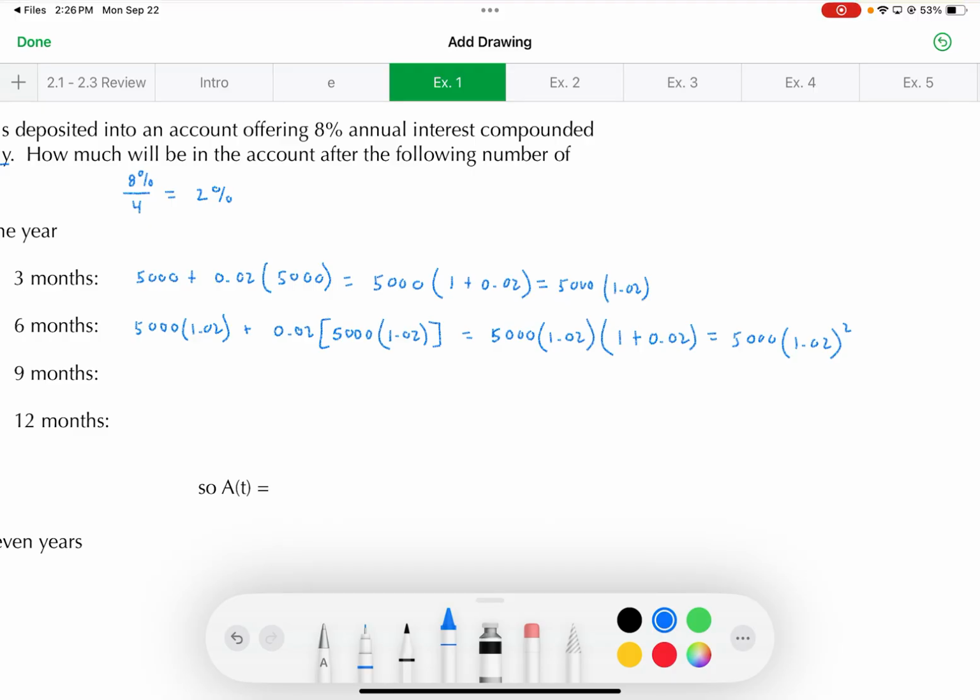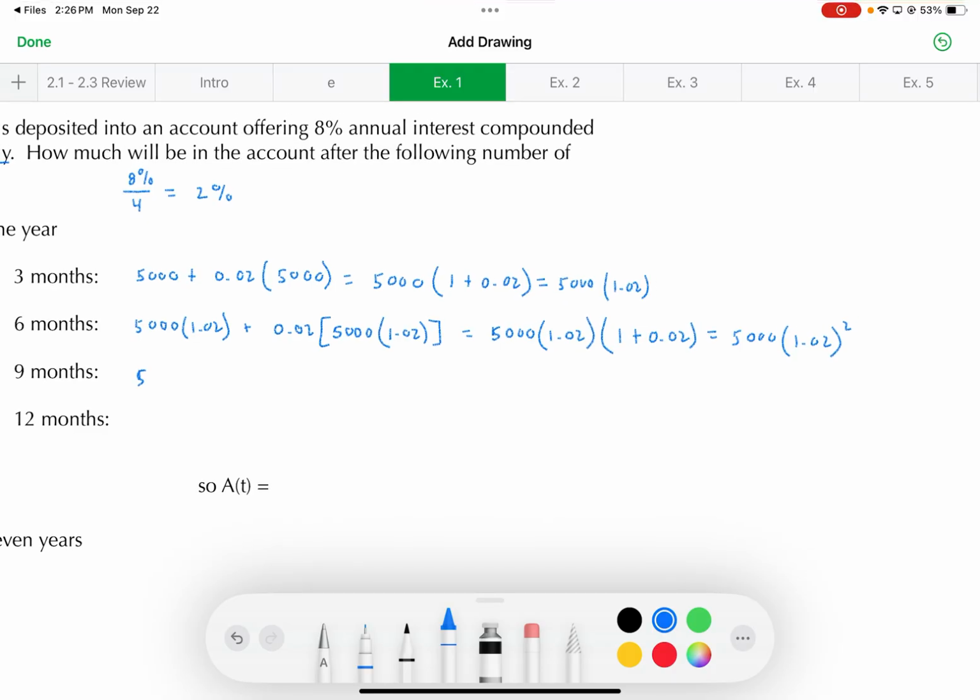Okay, now what's it going to be after 9 months? Well, I take the 5,000 times 1.02 squared. That's how much was in after 6 months. And I have to add to it 2% of that value.